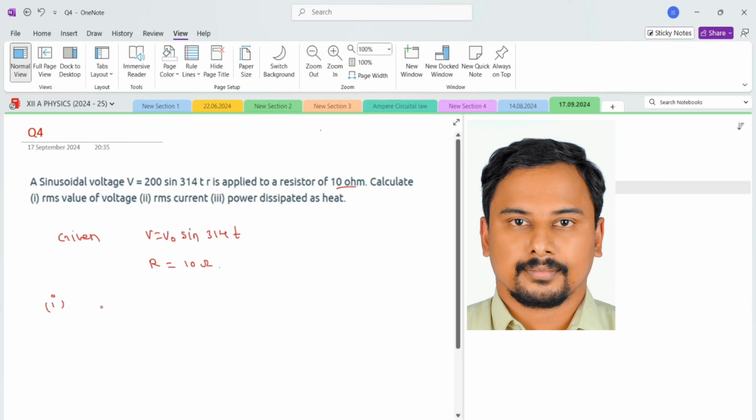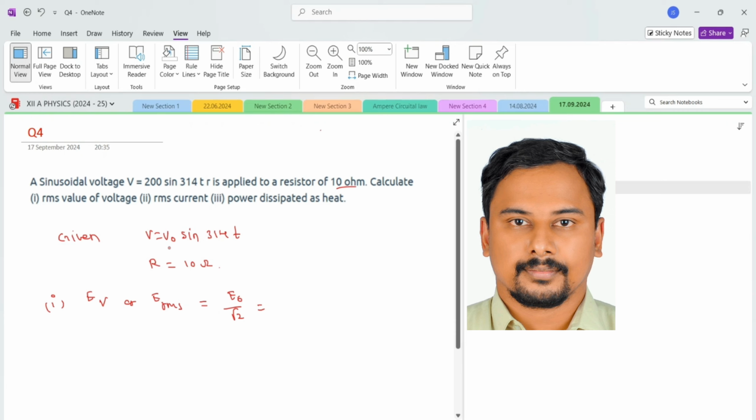First, we have to find the RMS value of voltage, that means the effective value of EMF. So we can write E RMS. What is the formula? E RMS is equal to E naught by root 2. So what is E naught here?